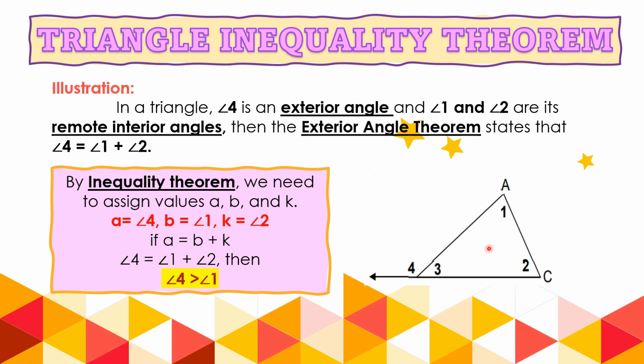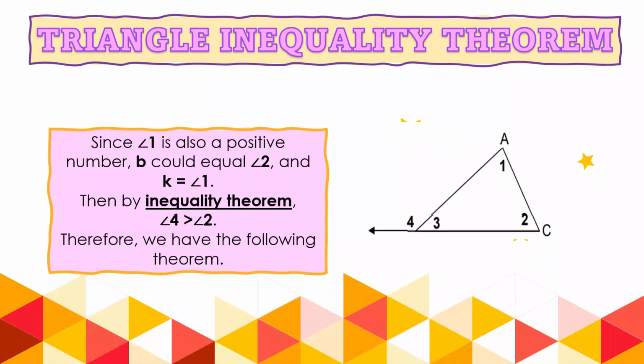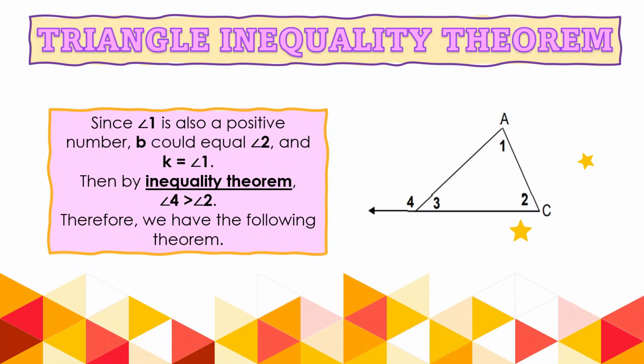Then we can say now that angle 4 is greater than angle 1. Since angle 1 is also a positive number, B could be equal to angle 2 and K could be equal to angle 1. Again, by the inequality theorem, we can say that angle 4 is greater than angle 2.